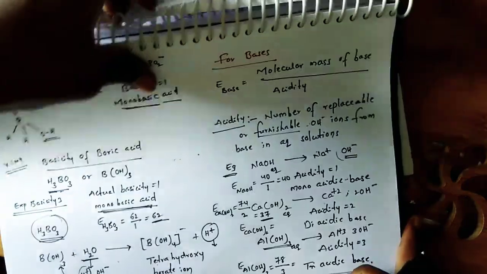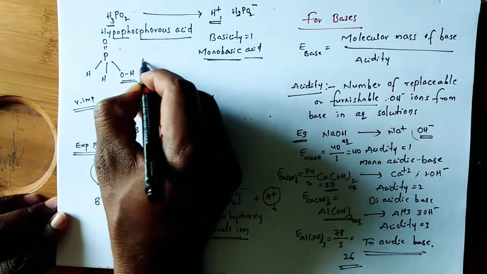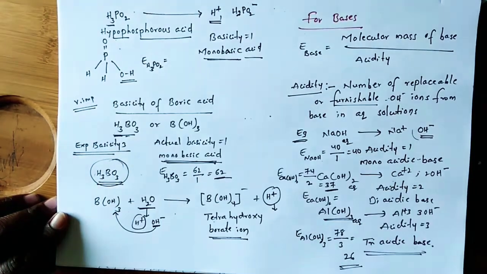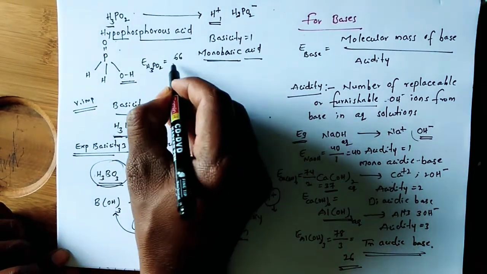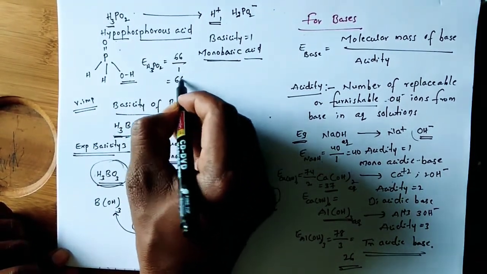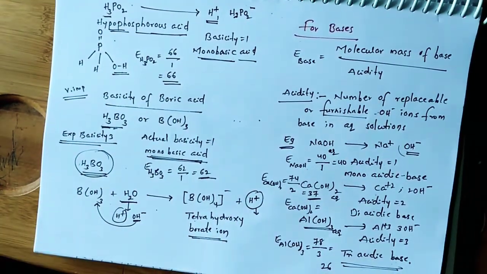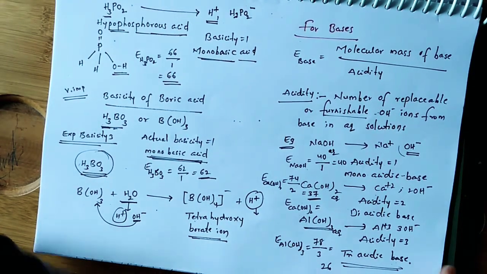What about hypophosphorus acid? Equivalent weight of H3PO2 is equal to its molecular weight, that is 66 by 1, 66. Equivalent weight of hypophosphorus acid is 66. Okay, so this is how to find the equivalent weight for acids and bases.